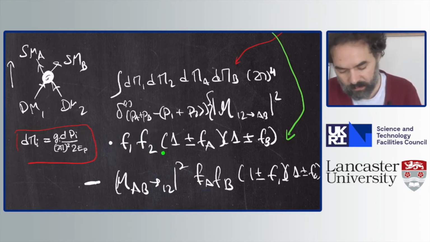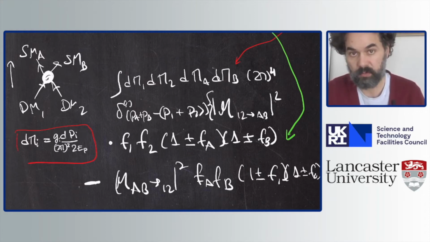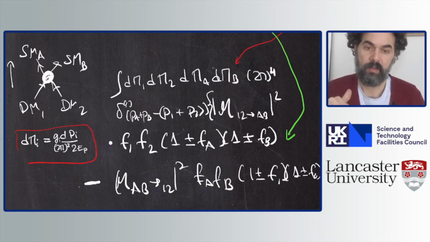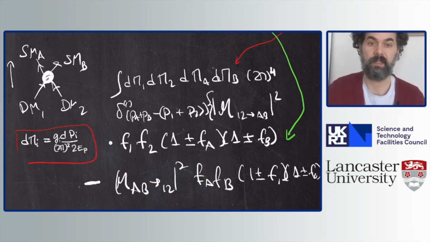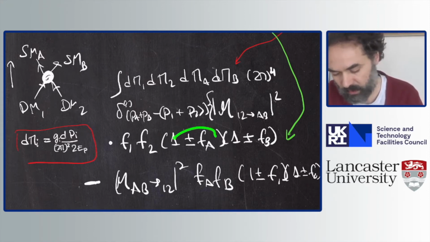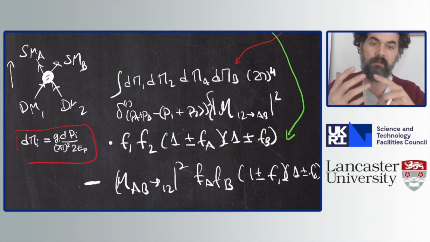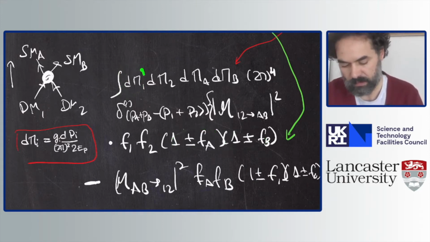And finally, you need some extra factors that are not going to be important, having to do with the fact that if you decay into fermions, you have Pauli blocking, so it's hard or impossible to decay into already occupied states. And if you decay into bosons, you have boson enhancement, so you enhance the decay rates. And finally, you have to integrate this over momentum, so all the momentum states in the initial and final states.